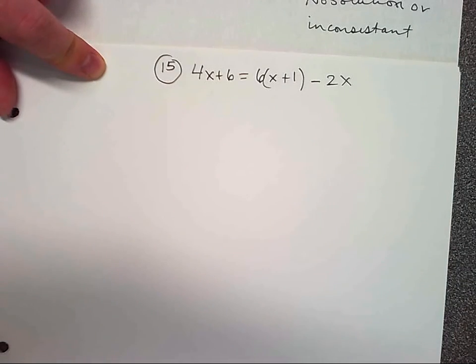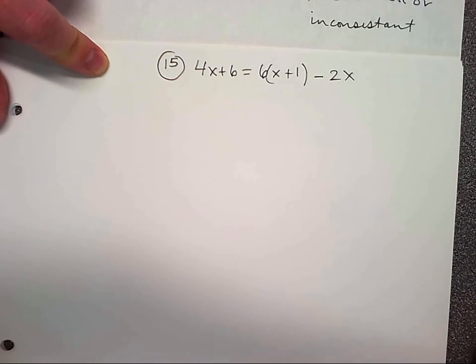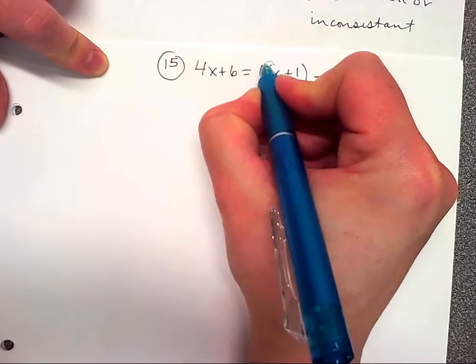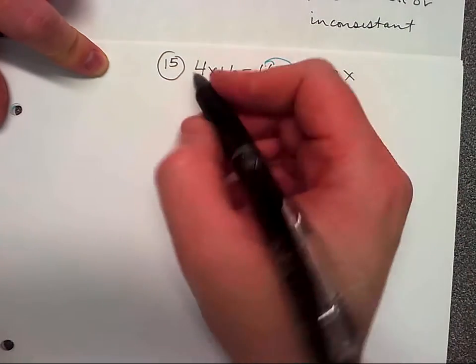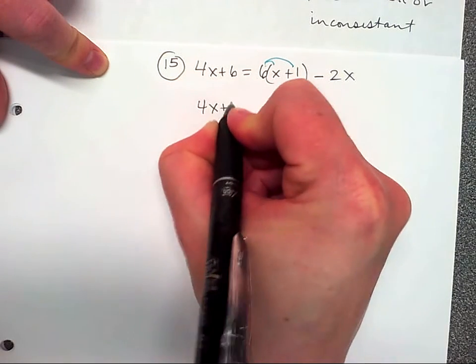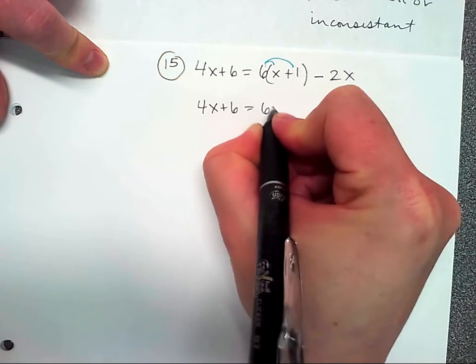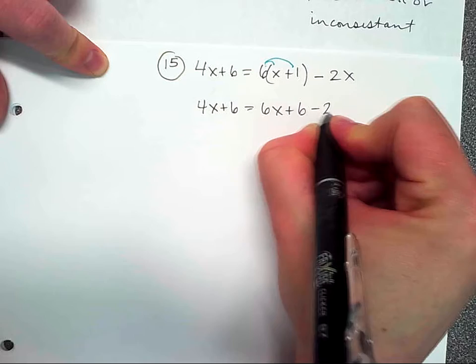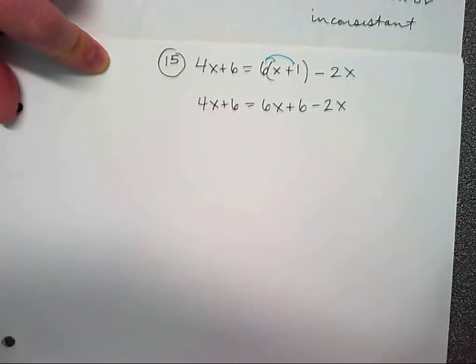Okay, so first step is I need to simplify both sides of the equation, right? So on the right, I need to distribute and combine like terms. On the left, I can't do anything to simplify.